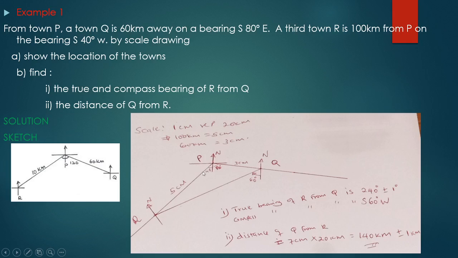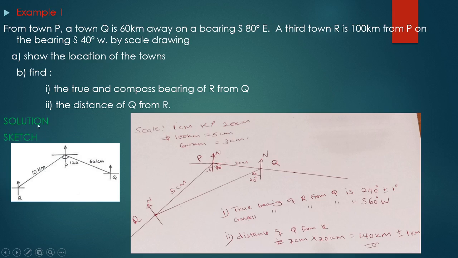Where 40 is, you put a dot there, then you join a straight line. After joining a straight line, you measure your 5 centimeters, then you locate your R at this point, you make a dot there. That's your point R. From there, you can join Q to R. After that, you've located all of the points and you've got your marks, which might be 4 or 5 marks for locating the towns.